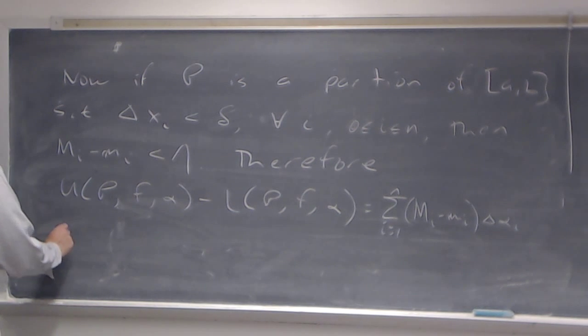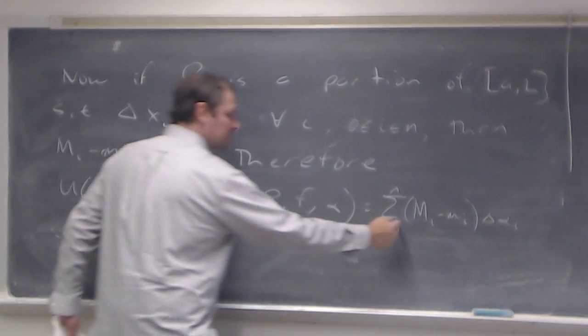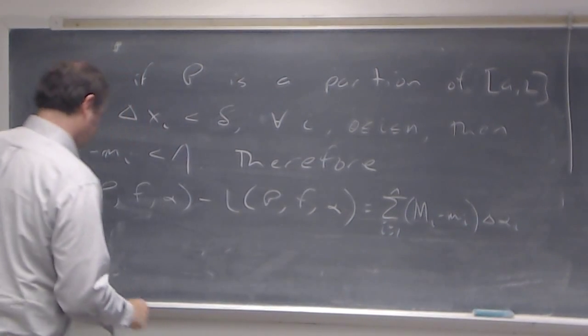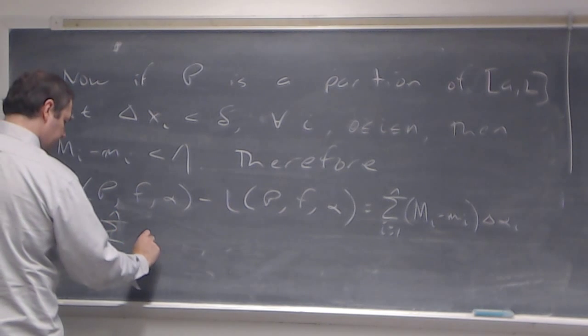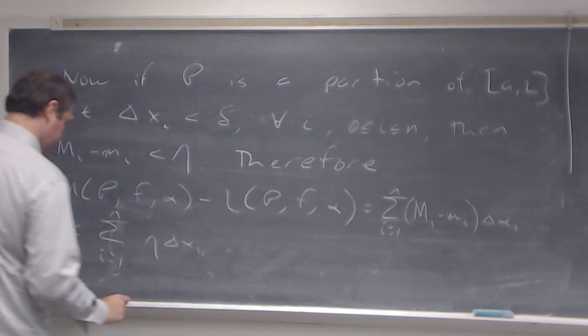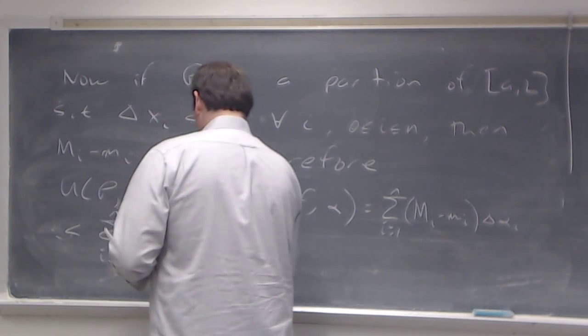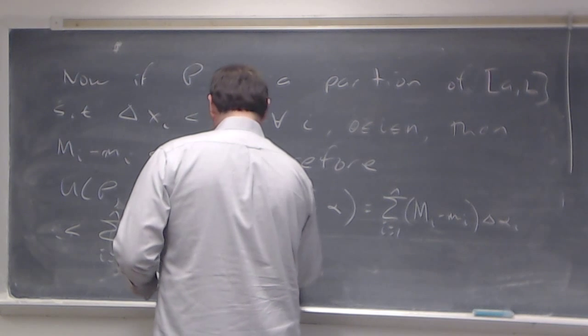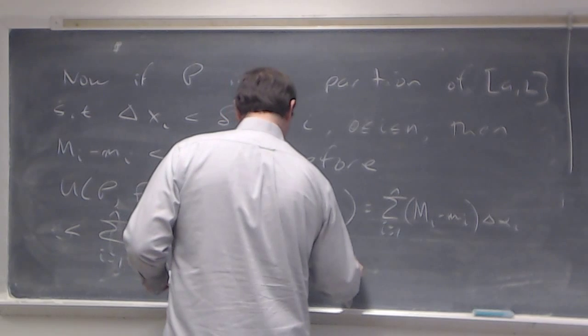And that's going to be less than, here I'll replace this quantity with something bigger, the sum as i runs from 1 to n of eta times delta alpha sub i, which is equal to, I can pull out an eta every time, eta times the sum as i runs from 1 to n of delta alpha sub i.